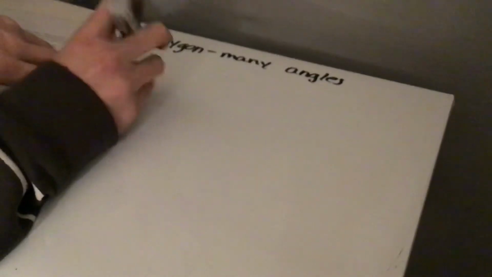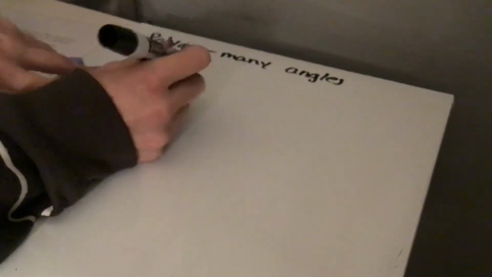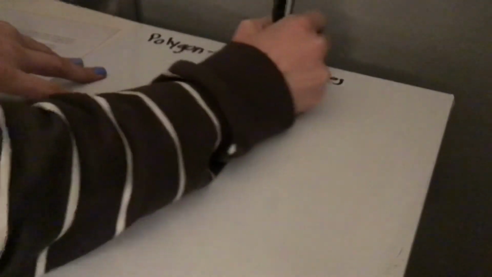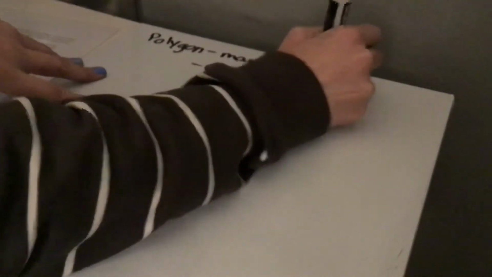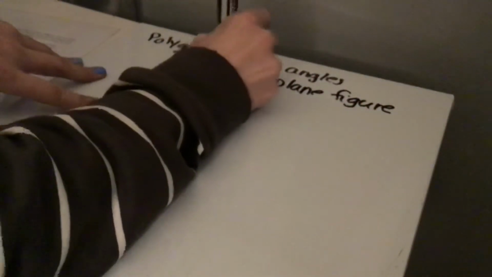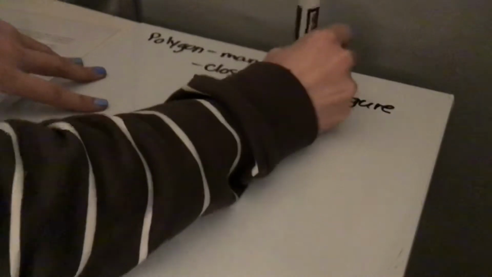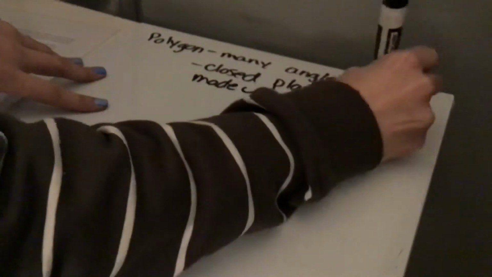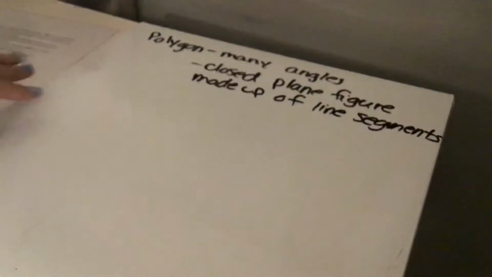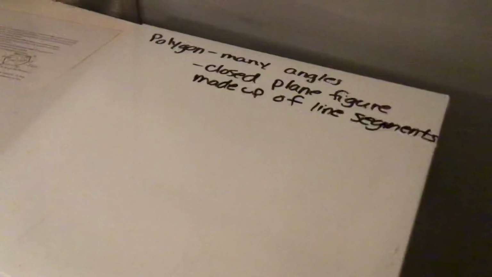Okay, so a polygon by definition is a closed plane figure made up of line segments. Okay, well, what does that mean, right? Closed plane figure, okay?